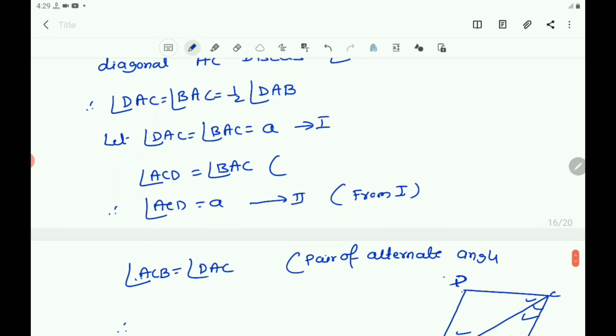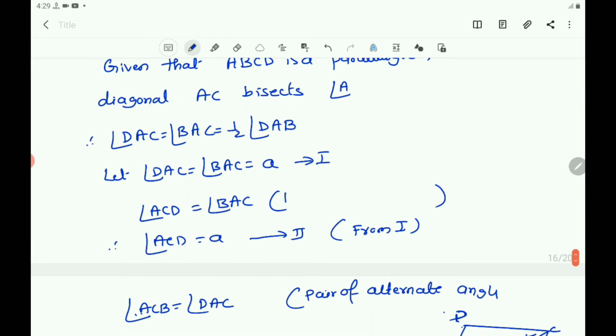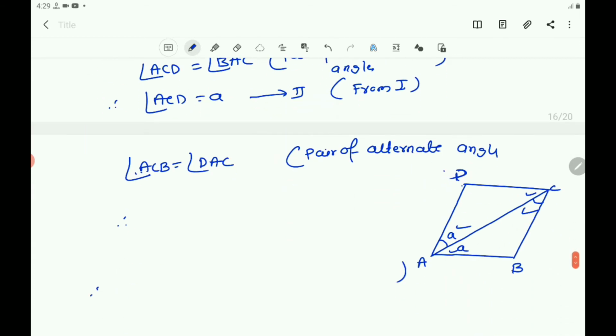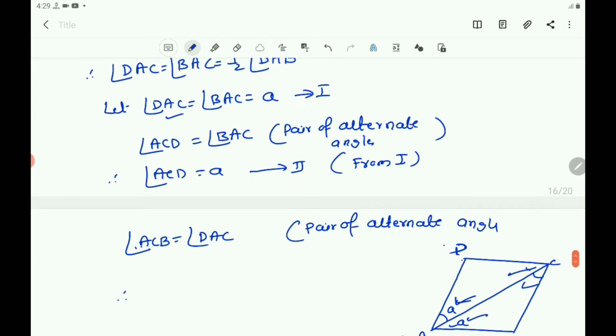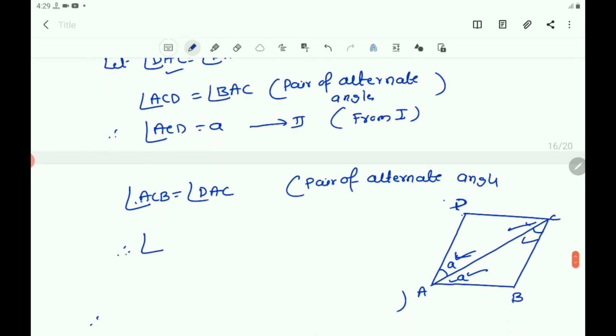Here also you give the reason: pair of alternate angles. Angle ACD equals angle CAB, and angle DAC equals angle ACB, because they are pairs of alternate angles. Therefore, as angle DAC equals A, from first you can write angle ACB equals A. Consider that the third.